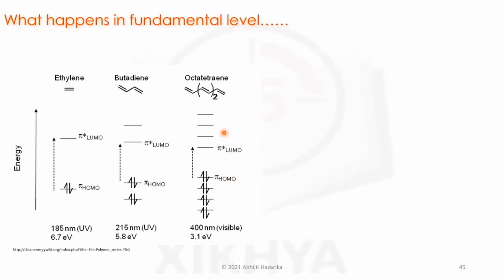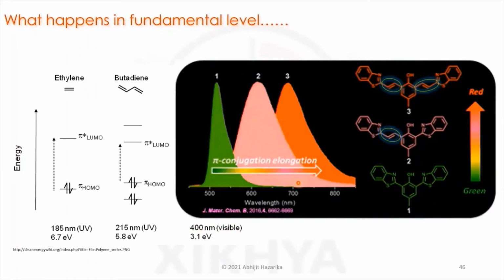So this molecule, octatetraene, can emit in the visible range, which is around 400 nanometer. Now this is one example of a complex organic dye where we can see that the increase of the extent of conjugation from molecule 1 to molecule 3 shifts the fluorescence color from green to red.